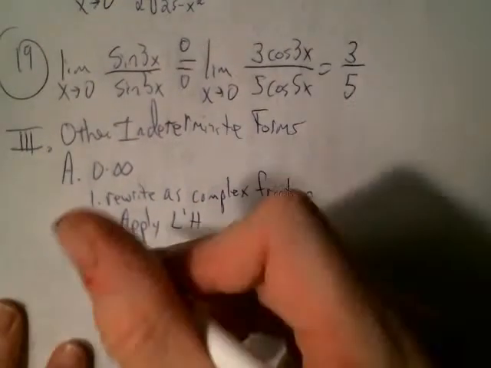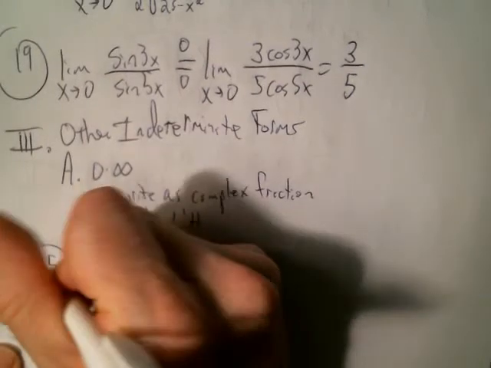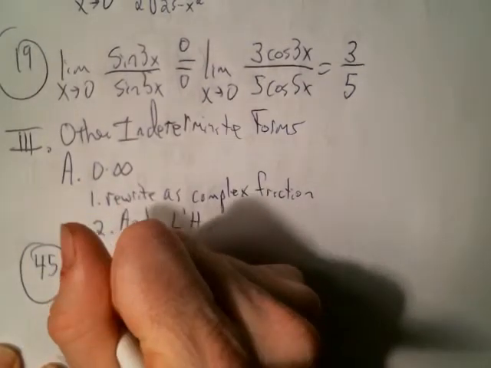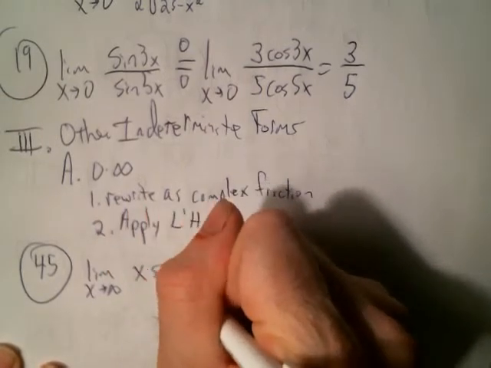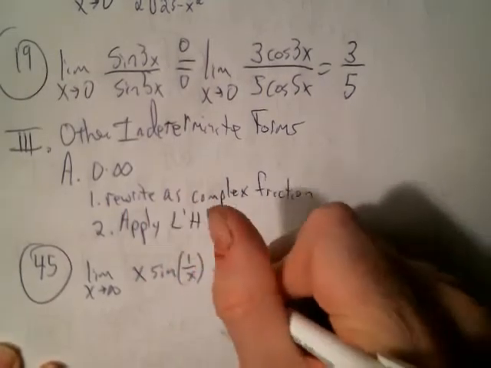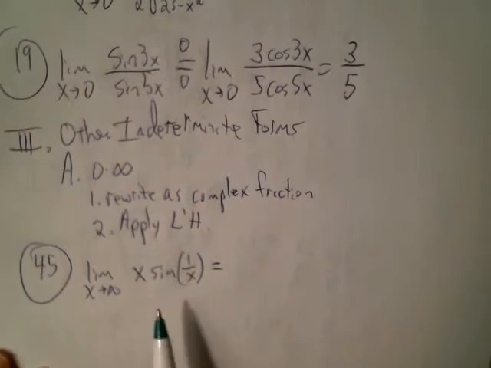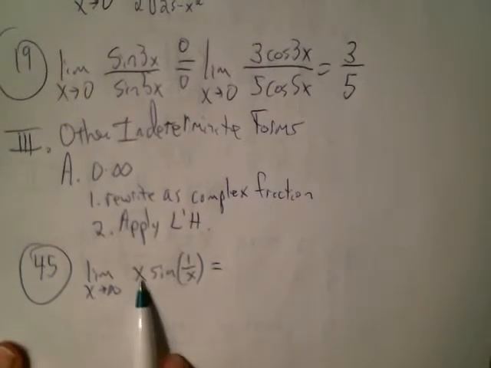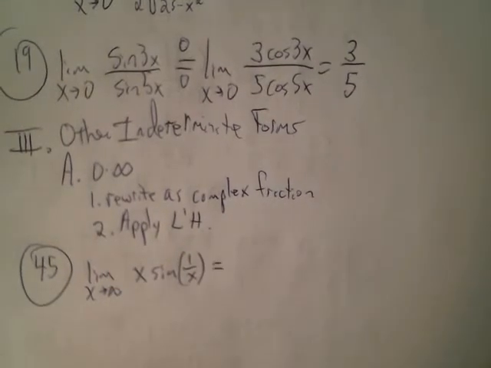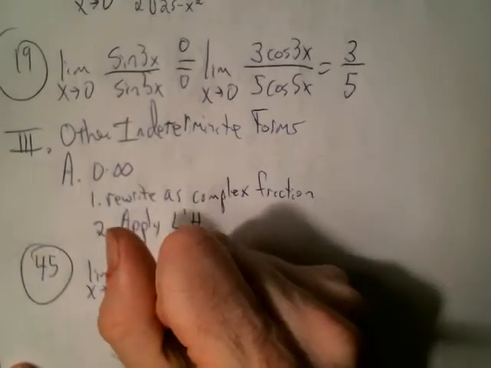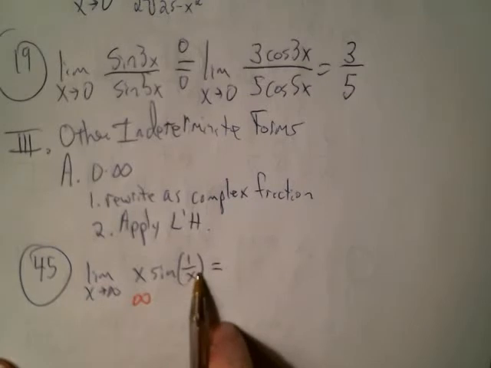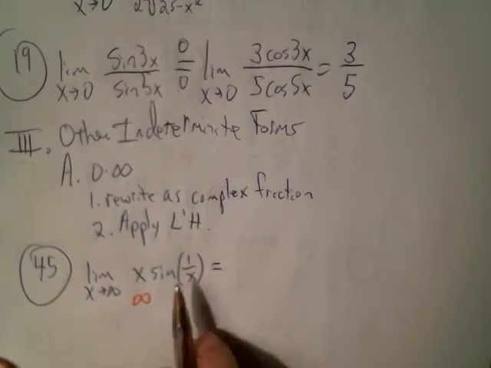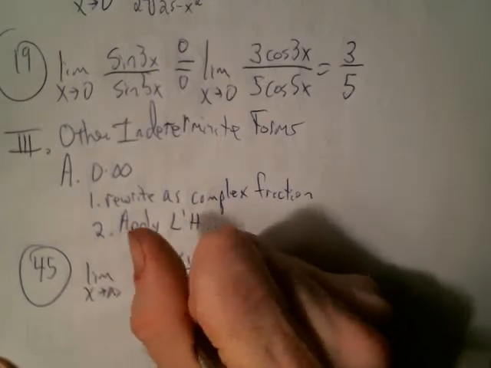Okay, so let's take a look here. I have number 45: the limit as x goes to infinity of x times sine of 1 over x. Okay, so identify the form. If I put infinity in for x, it's going to go to infinity. So this part is infinity. If you put infinity in for 1 over x, that'll be 1 over infinity, which is 0, and then you're taking sine of 0, which is 0.